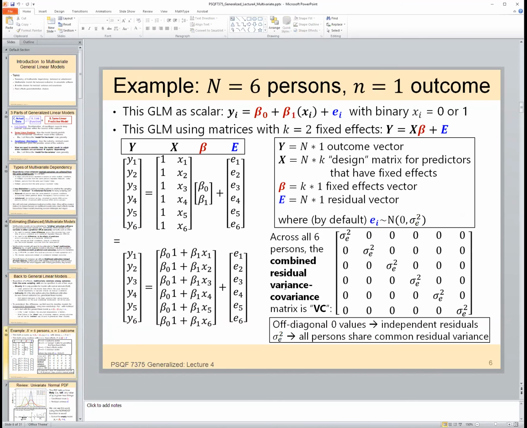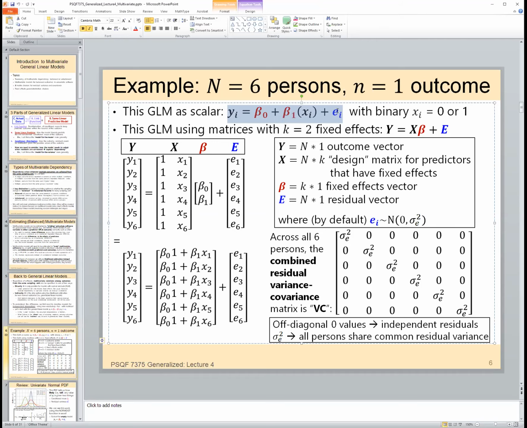So let's say that I have one outcome and I'm describing it for 6 people. This model right here in scalar notation can be written like this in matrix notation, where y is a vector that holds all the outcomes across people. X is a matrix, so it's more than one row or more than one column. A vector is only a row or a column, from what I understand.